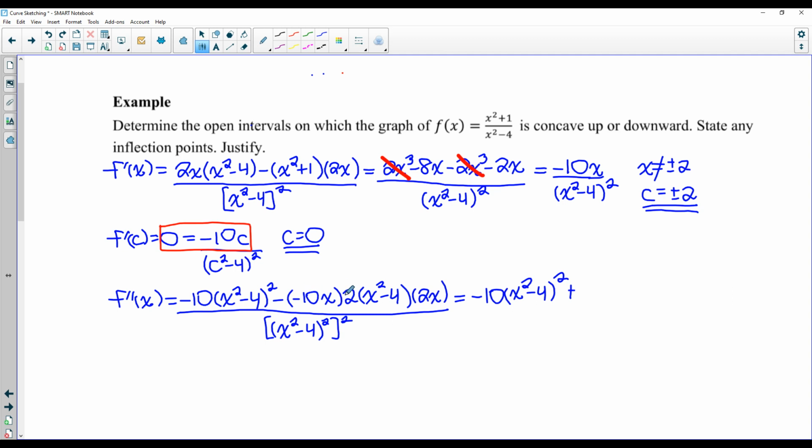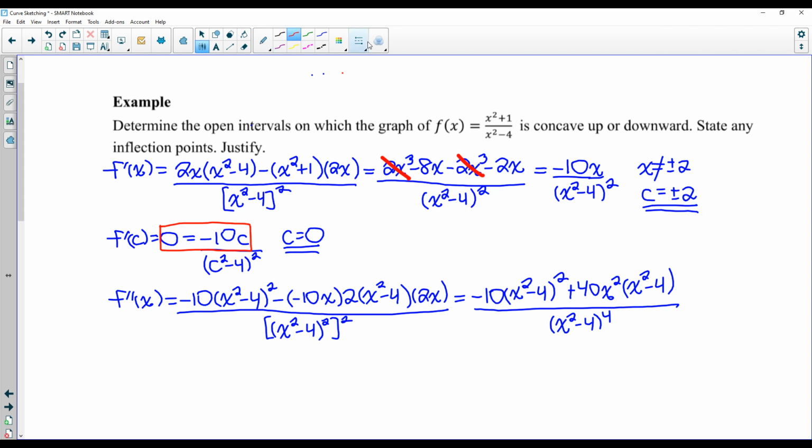Okay, 10x times 2 is 20x. 20x times 2x would be 40x squared. And then we have the x squared minus 4. And we're going to divide that all by, this is just going to be the power of a power rule, x squared minus 4 to the power of 4.